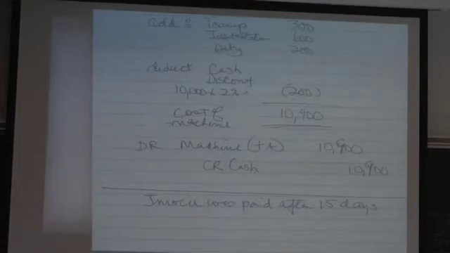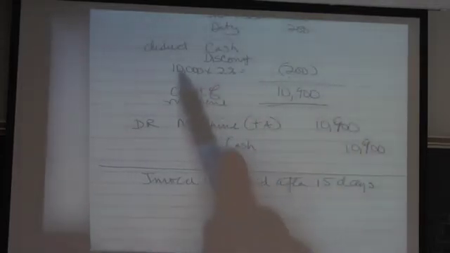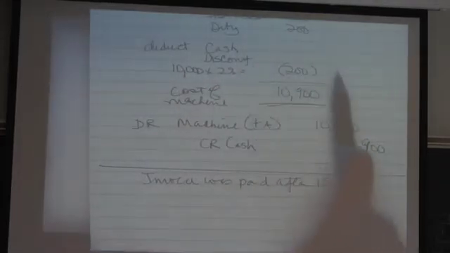Now, we have to record the machinery at the lowest possible price. In this case, the lowest possible price would be net of discount.